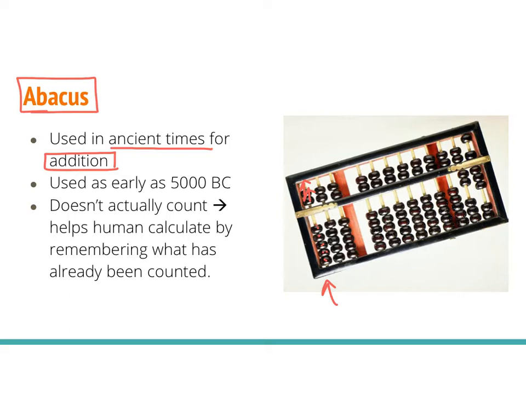And then they would keep going through that process. So they would have ones, tens, hundreds, and so on, and essentially what this abacus allowed them to do is to count very, very quickly, and they could still perform some basic addition as well. So that's really what this abacus was used for, and while it doesn't seem very intense, it was really the first information processing device that we had.